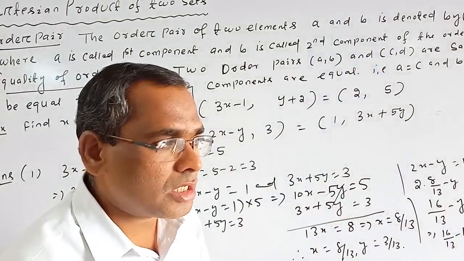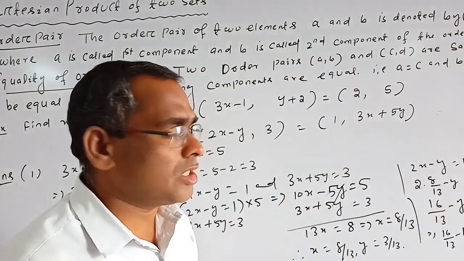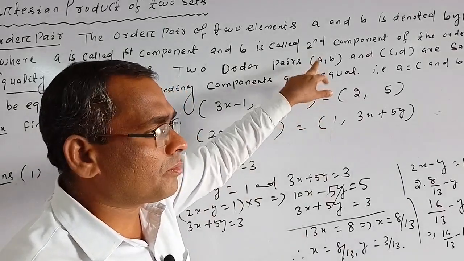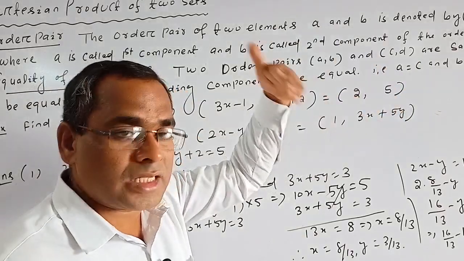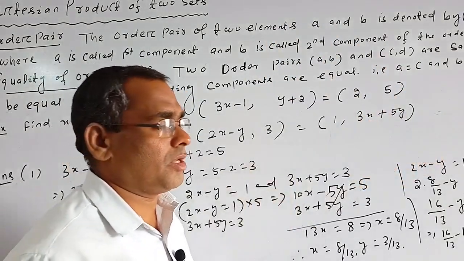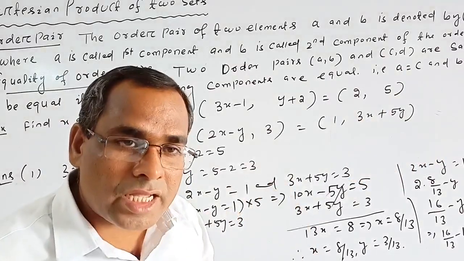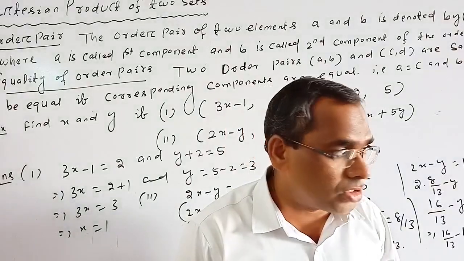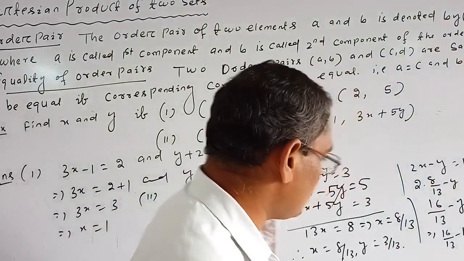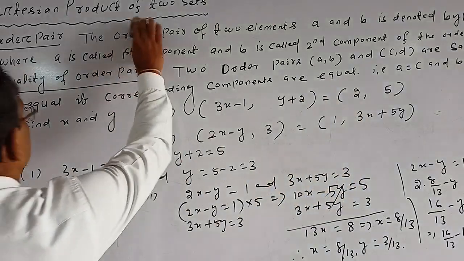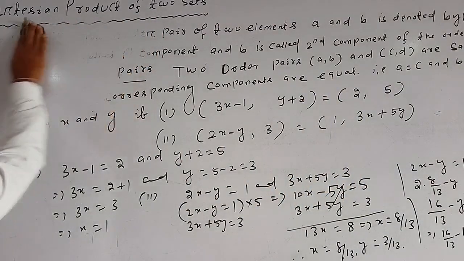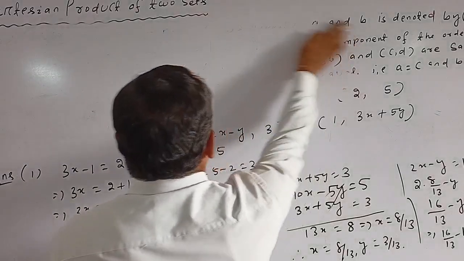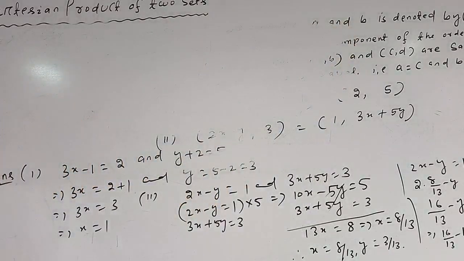When we write a set, we write the elements inside curly brackets, but for an ordered pair we write the elements inside round brackets. So the ordered pair (a, b) is not a set, and the set {a, b} is not an ordered pair. Okay. So the set {a, b} is equal to the set {b, a}, whereas the ordered pair (a, b) is not equal to (b, a). Now we write these points: an ordered pair is not a set, and a set is also not an ordered pair. Okay. Now we write these things.